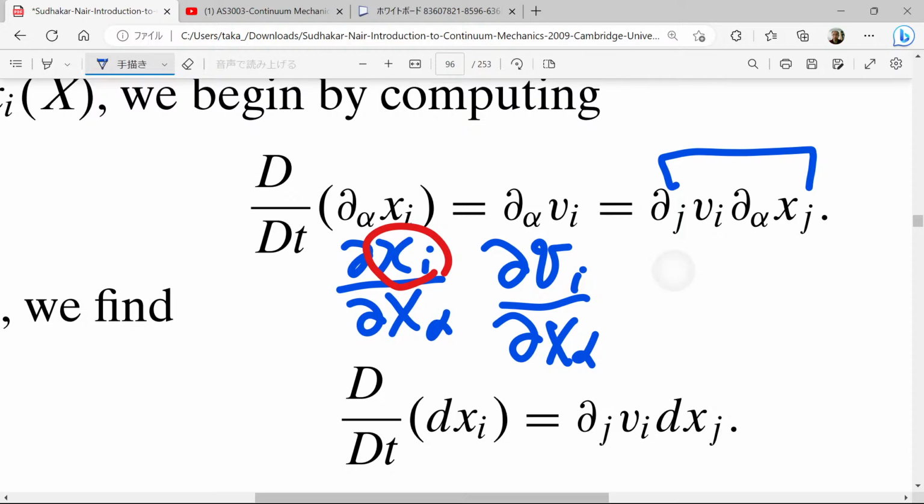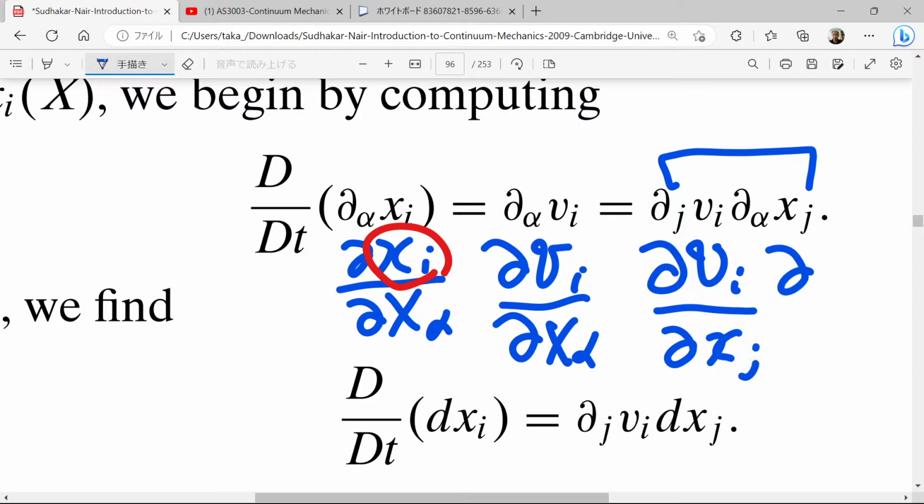So we change to partial Vi, partial small xj, then we have to do partial small xj, partial large X alpha, using small xj as an intermediate parameter, right?